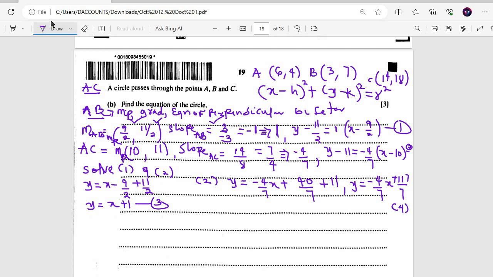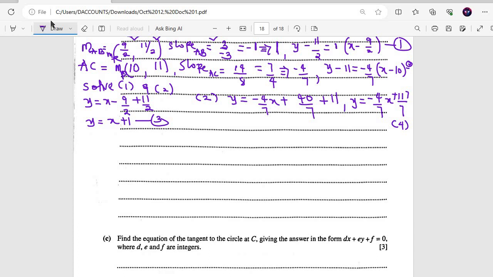So now equate equations 3 and 4 together. So x plus 1 equals minus 4 over 7x plus 117 over 7.